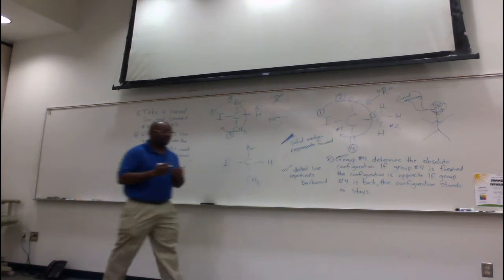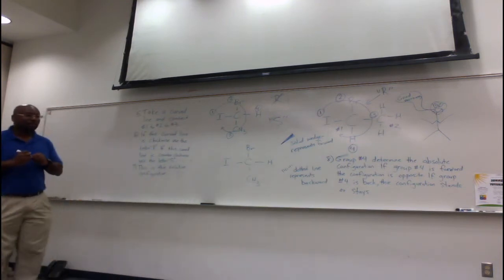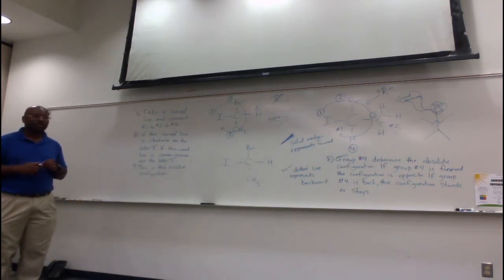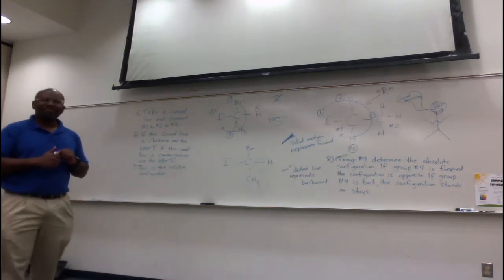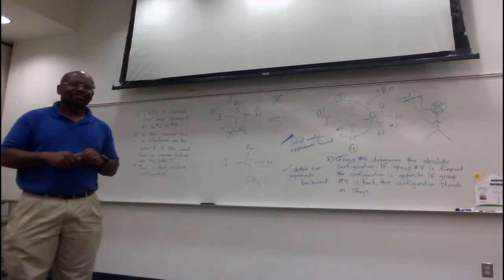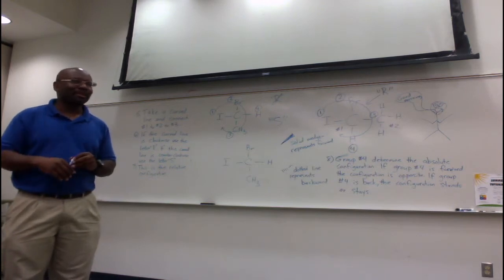I thought it was like a dotted wedge, and wherever it's smaller, it's towards the central carbon, and where it opens up, it's going to be in the back rather than the front. Now, they don't try to trick you that much about those.